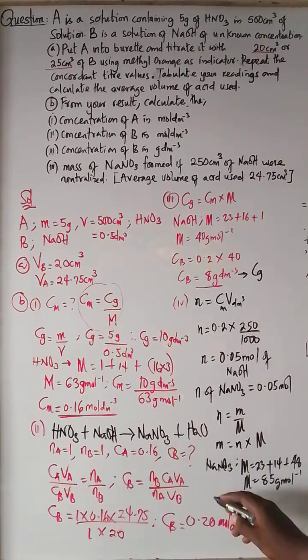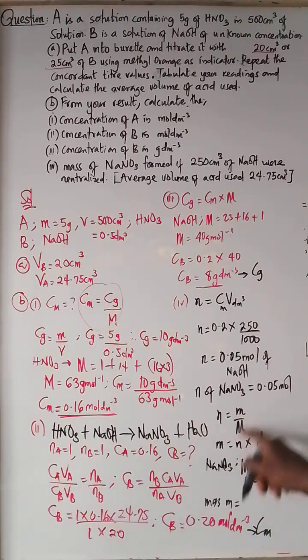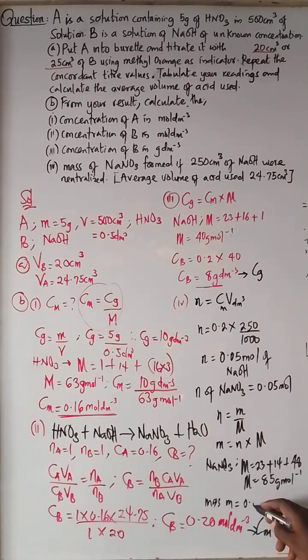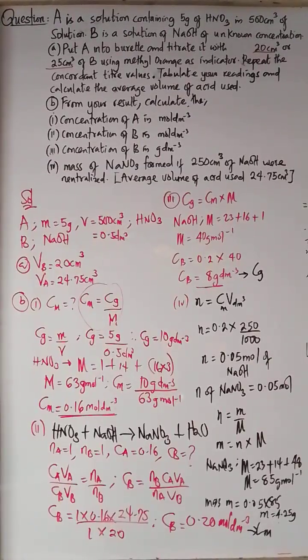Now, we are looking for the mass M. The mass M equals number of mole 0.05, times molar mass 85. So therefore, the mass you are looking for, M, equals 4.2 gram of sodium nitrate.